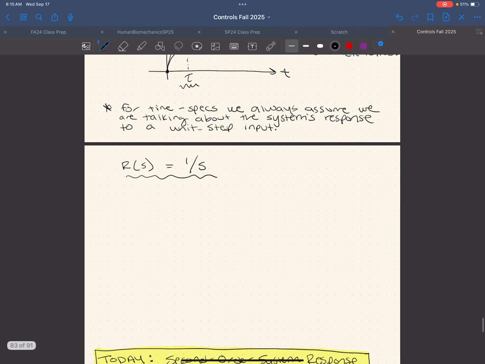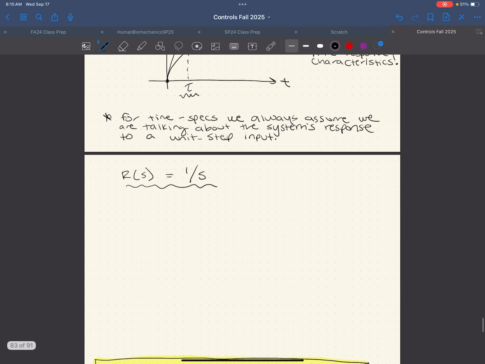So for our first order systems, let's look at the system's response to this input, specifically in the time domain.